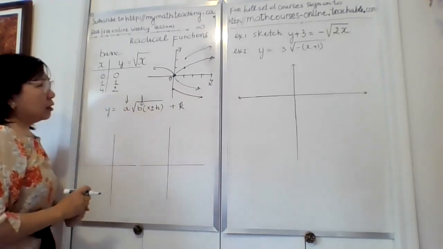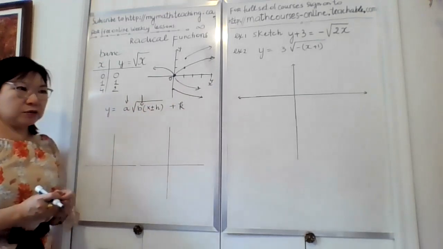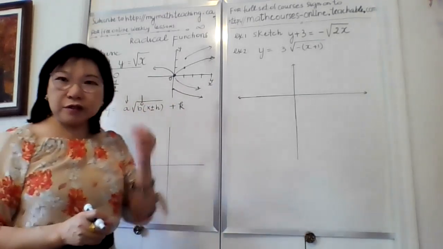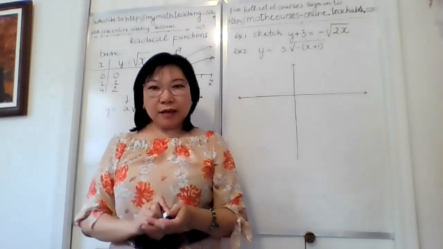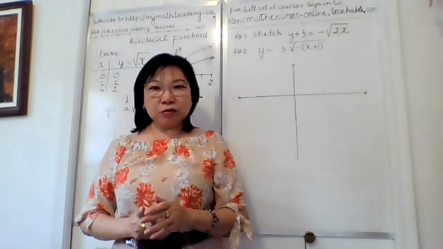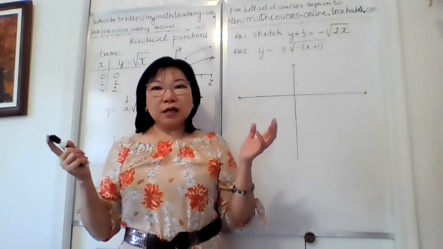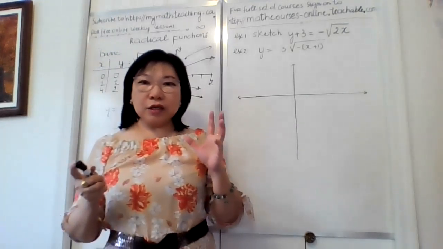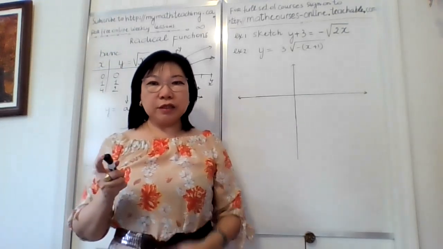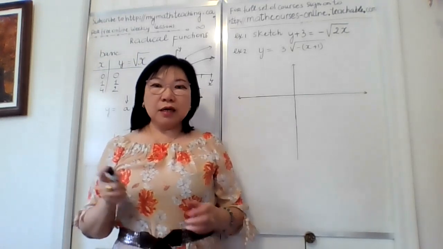In this lesson today, we will look at the radical function in terms of its basic shape, and I will show you how to sketch its transformation like this. We can sketch it using the transformation, and that is the formal way we learn.